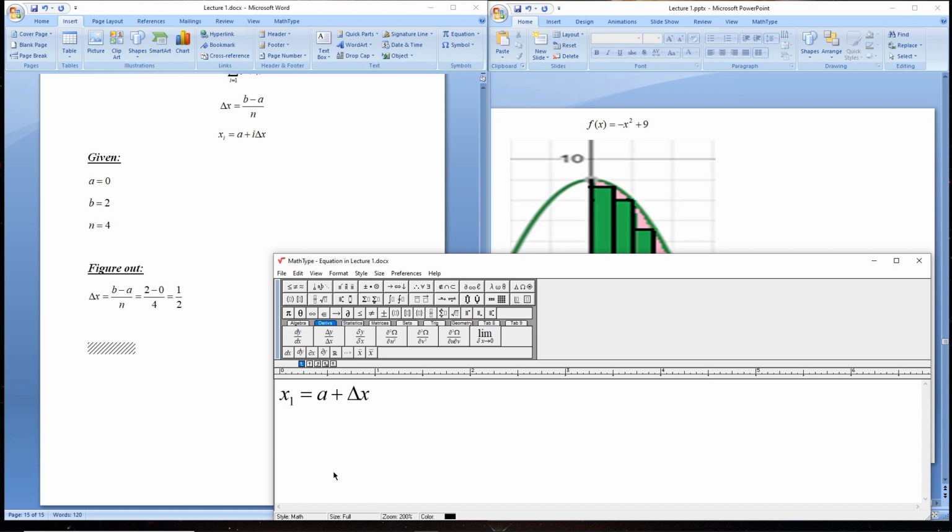But we know what this is. We know a is 0 because that's given to us, so we can just get rid of that. And we just figured out what delta x is. It's a half. So x1, our first position, is a half.